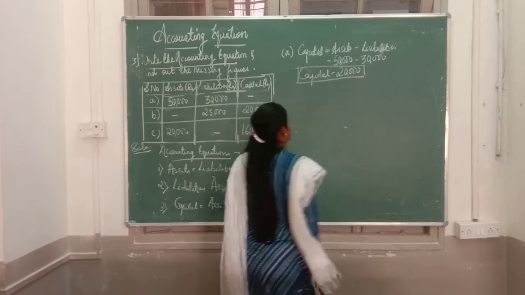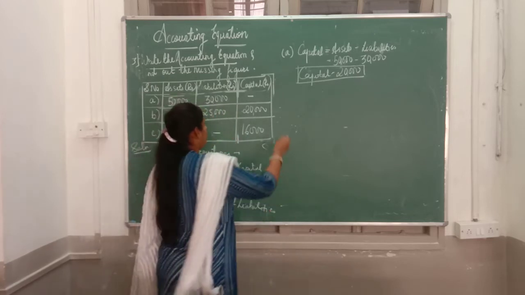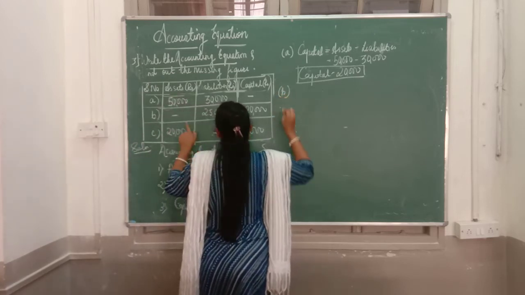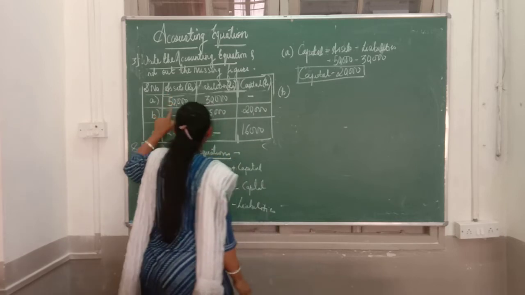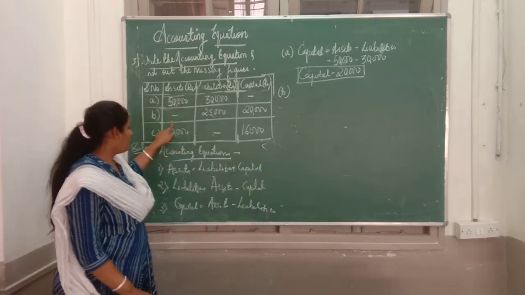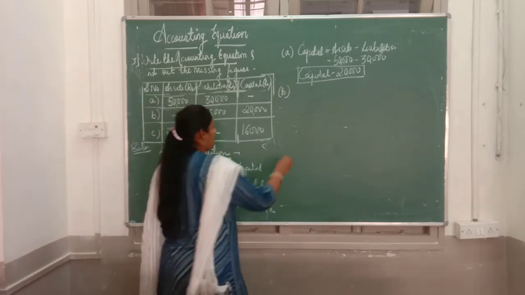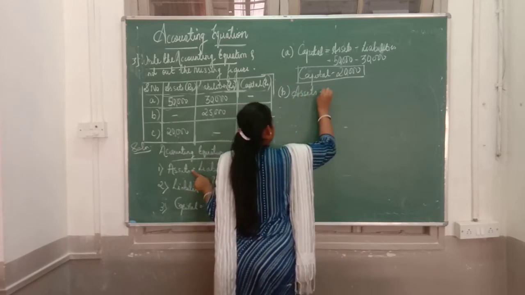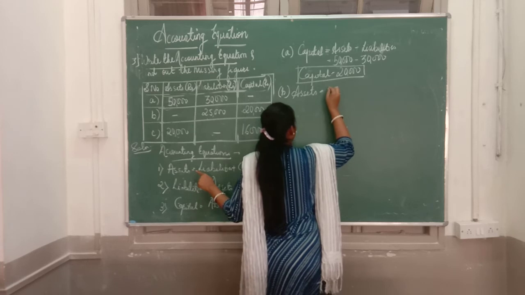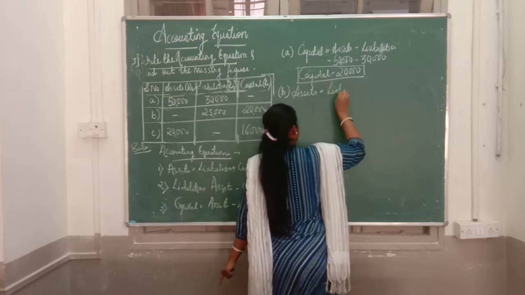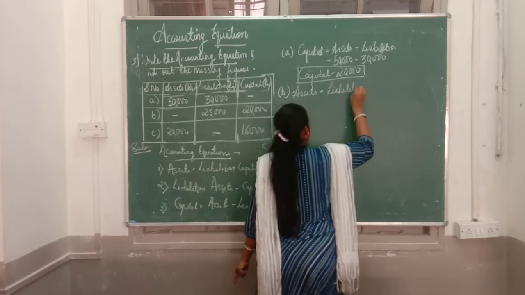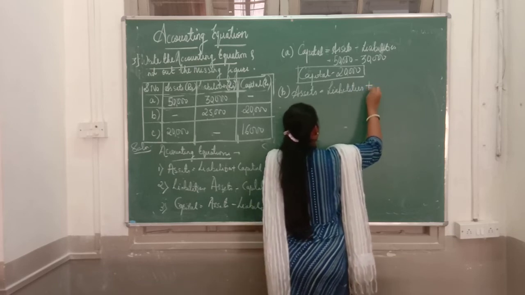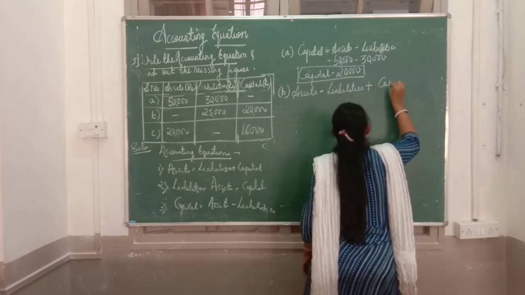Okay, this is A. Then in B, yes, B, what is missing? Assets is missing. So take assets formula. Assets is equal to liabilities plus capital.